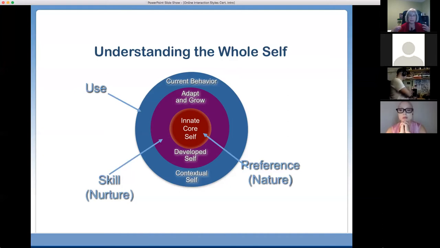My understanding is that, yes, we can consciously change how we think about things and our habitual behaviors. And if you want to change the way the brain works, it takes work. It isn't just, I'm going to think differently. So all of these are very important understandings. And why we're doing this work is that we don't know the vocabulary for understanding the patterns of this innate core self.